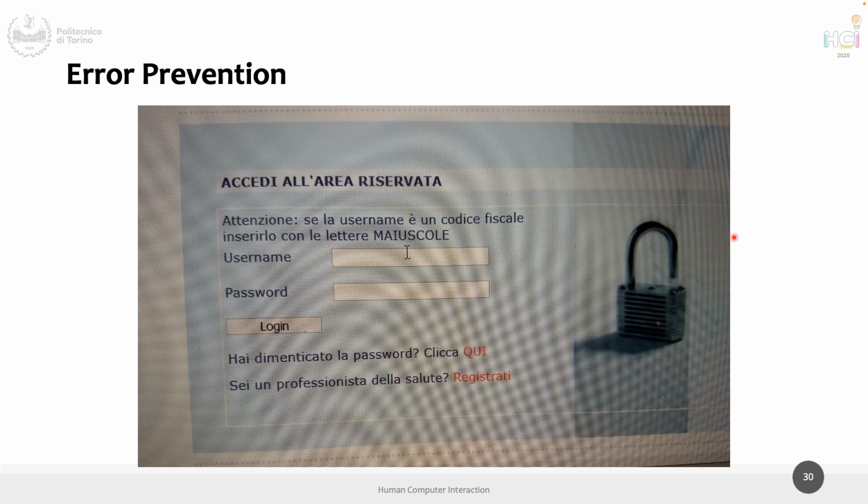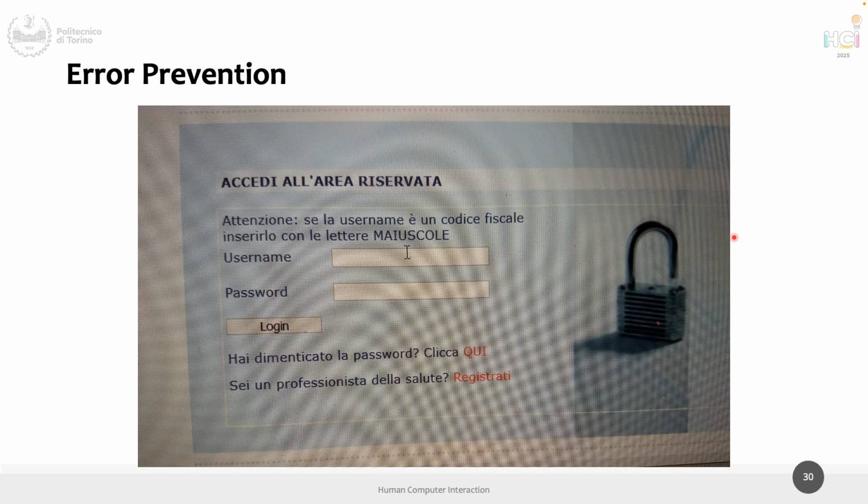Well, the first one is if the username is a fiscal code, enter it with capital letters. Is there not a JavaScript function or whatever programming language function that, given a text, transforms it into capital letters? Yes. So why are you asking people to do it? Just transform it. Even better, if it's just for a fiscal code, why not check if it's a valid fiscal code in the format?